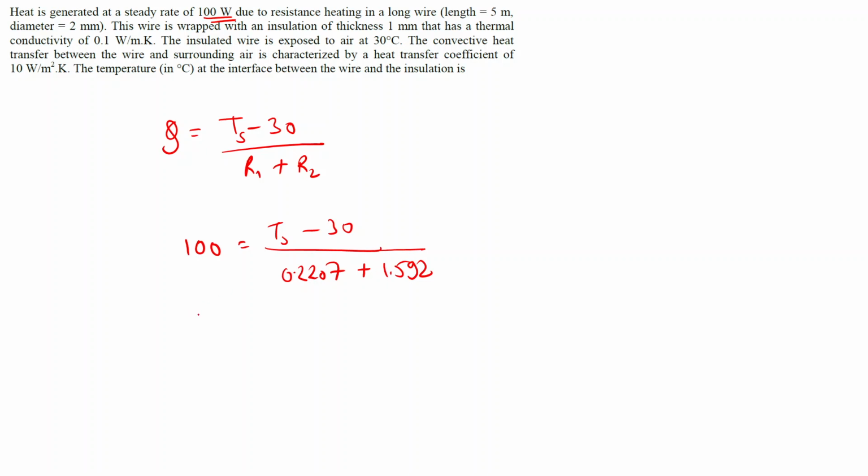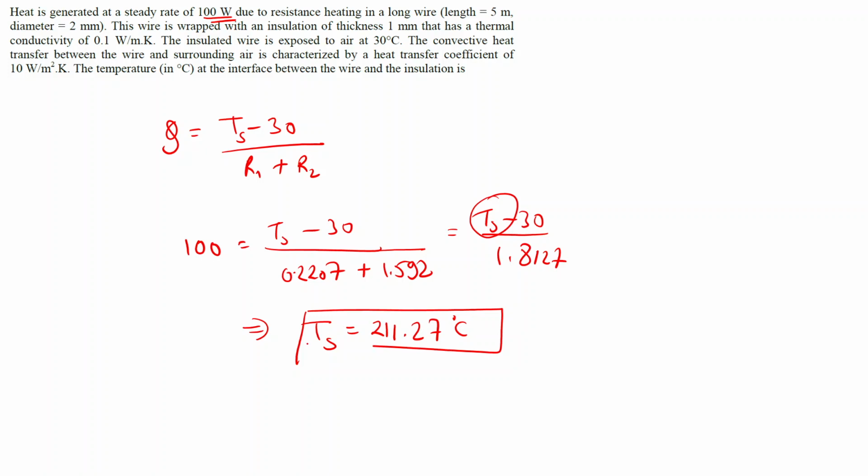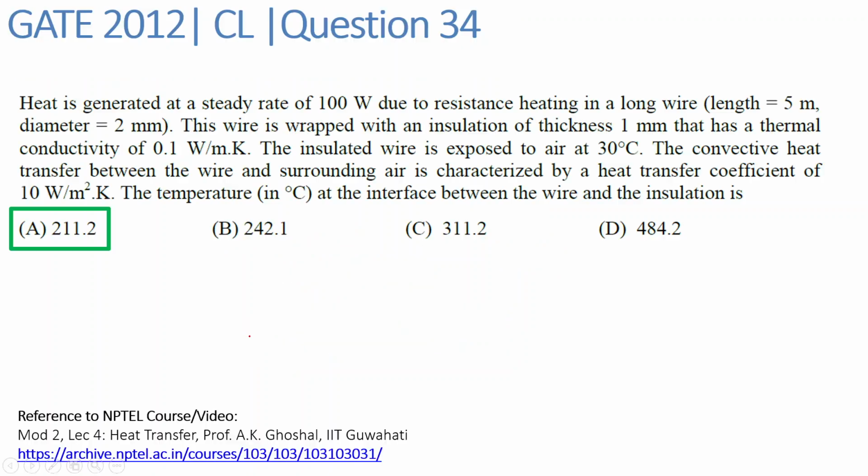So from this we can get Ts minus 30 equal to 100 times 1.8127. You can solve this for Ts, and you will get the temperature at the surface as 211.27 degrees Celsius. So the final answer is 211.2 degrees Celsius. That is option A.